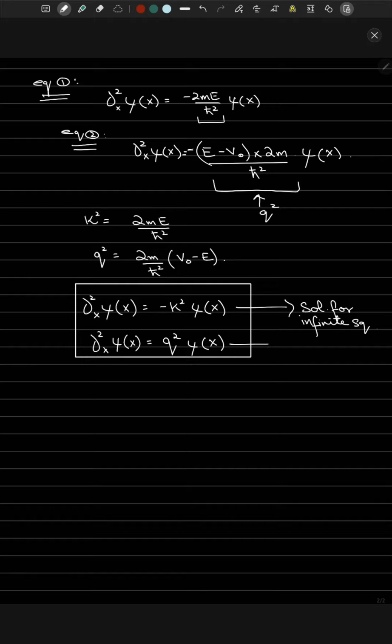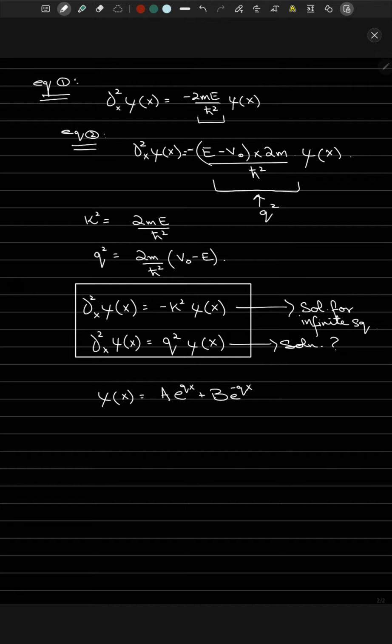But if I look at this equation, the solution to this is what? From your differential equations, you know that the solution to this equation is in terms of exponentials, which is psi of x is equal to a e power qx plus b e power minus q times x, right?